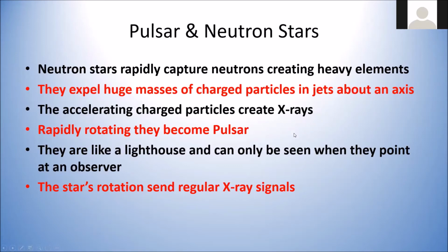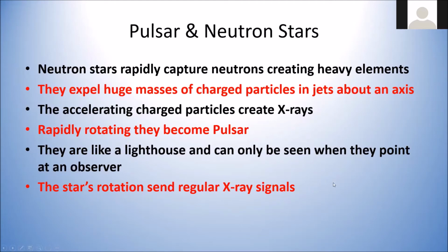become pulsars. They are like a lighthouse. When you see the lighthouse as the beam sweeps by you, the same thing happens with a pulsar. It can only be seen when the pulsar beam is pointing towards us. The star's rotation sends a regular X-ray signal.